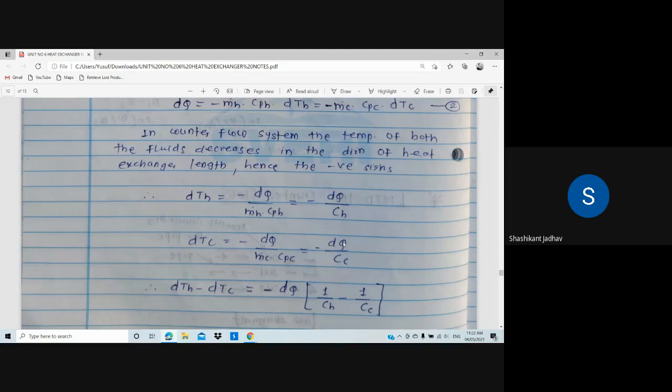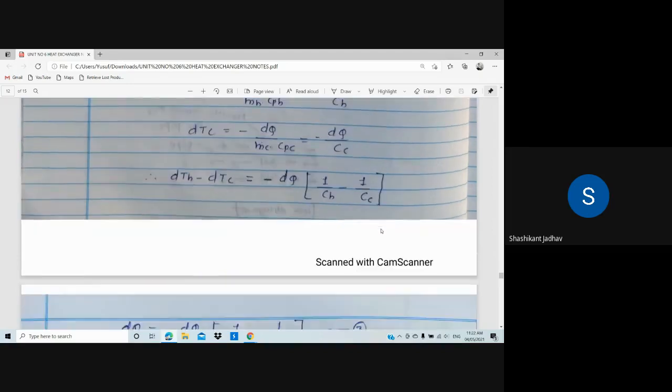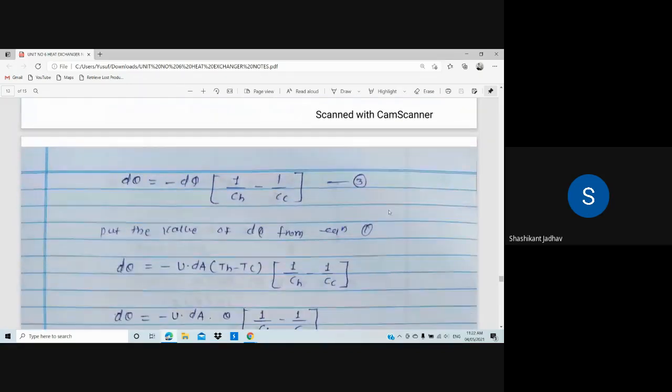As we know, Th minus Tc is nothing but theta. So dTh minus dTc becomes d theta. Instead of dTh minus dTc we write d theta.